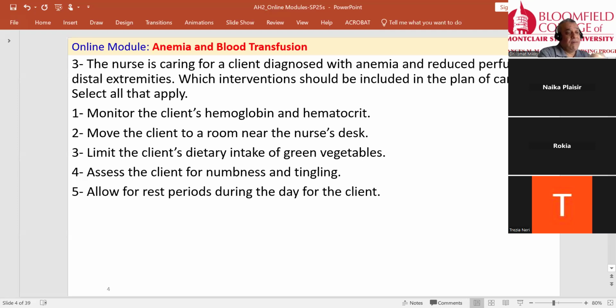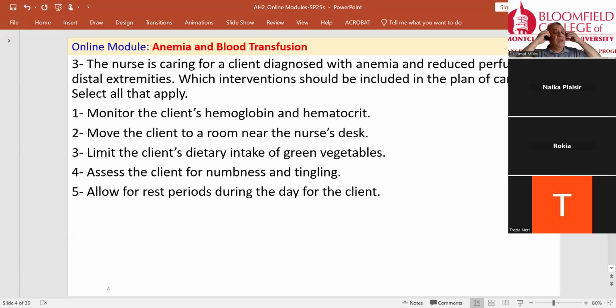Number 1, we have to monitor the H and H. That's a no-brainer. It has to be number 1 always, right? So H and H for any patient with anemia. Can you move the patient near to the nurse's desk? Is it because with anemia some patients get dizzy easily, so it's a risk for falls? Yes, exactly, it's for two things.